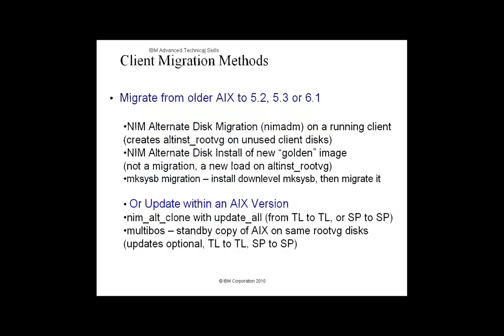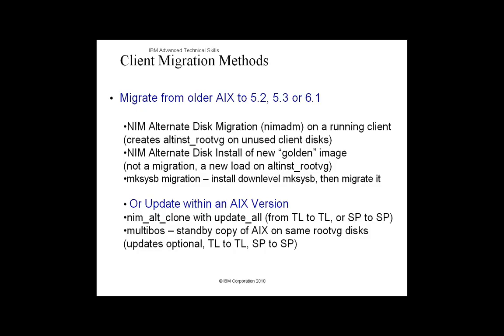Now, client migration methods. Migrating from an older level of AIX up to 6.1, or from 5.3 or 6.1 going to 7.1. One of my first options is NIM alternate disk migration, NIM ADM. On a running client, it'll create the alt_inst_rootvg on unused disks out in the client.